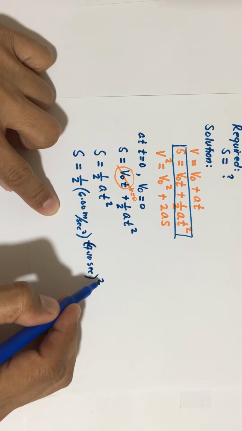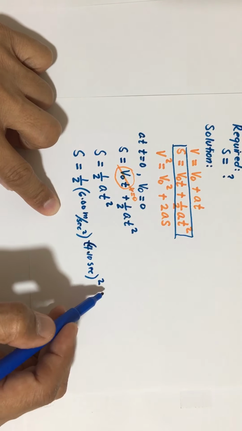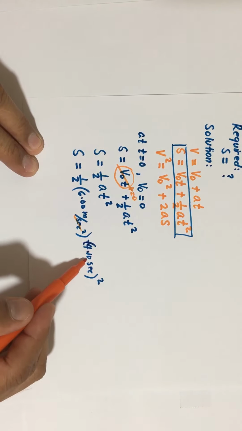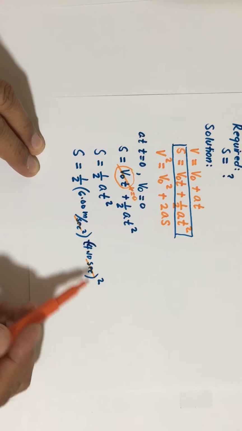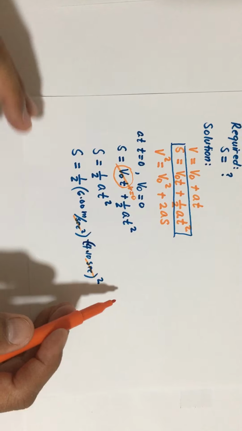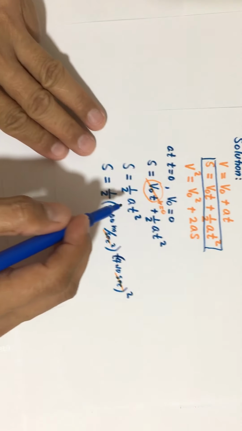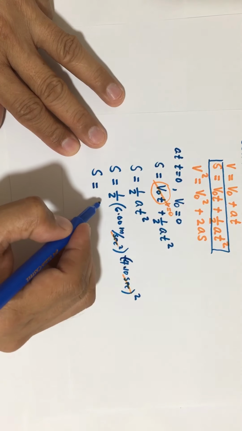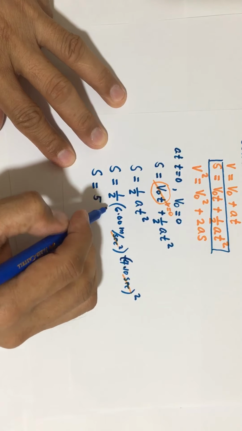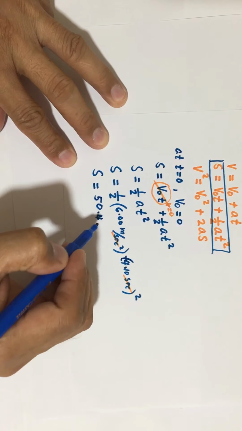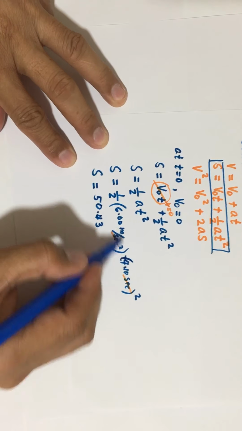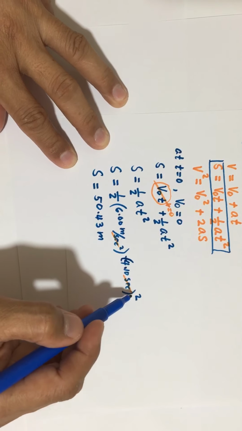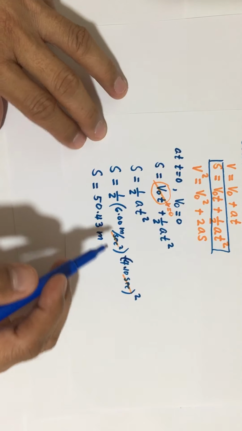So the time is being squared, so we have the second squared, and the second squared here will be gone, because second squared divided by second squared is equal to 1. Then you square the 4.10, so therefore our S, which is the displacement, is equal to 50.43. So the unit left here is only meters, because the seconds squared are already gone. This is our final answer.